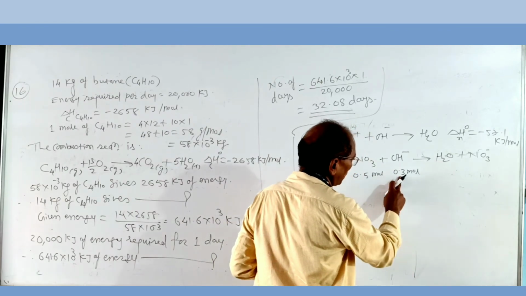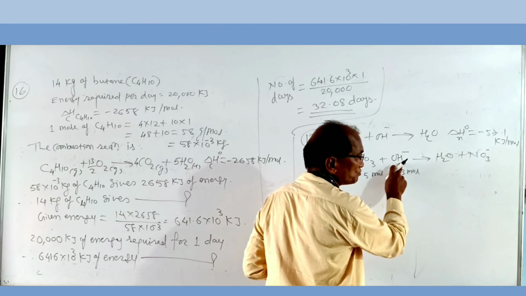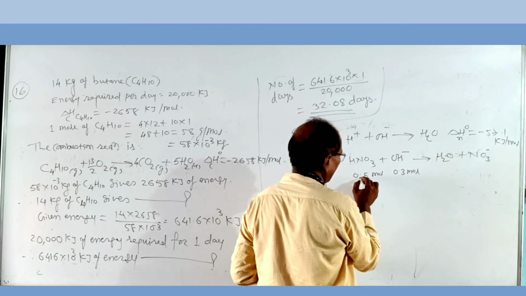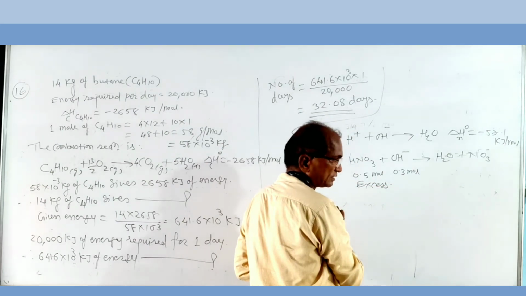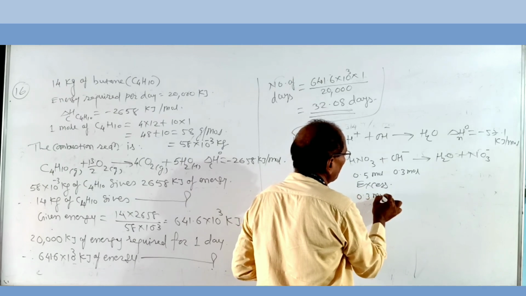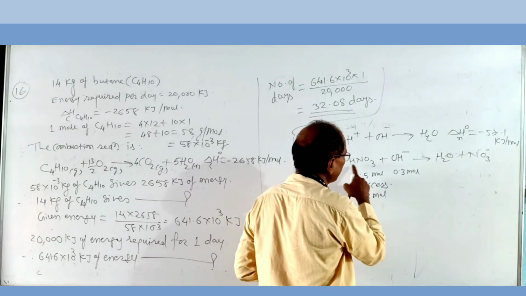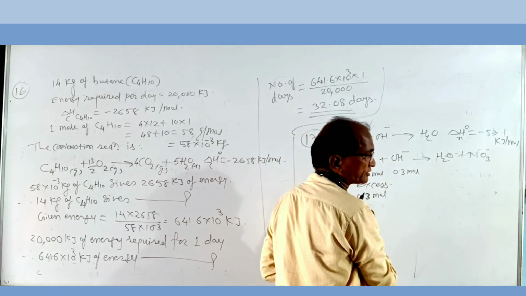Gram equivalent mole of acid is neutralized by gram equivalent mole of base. Here HNO3 is 0.5 mole, but only 0.3 mole of HNO3 is neutralized by 0.3 mole of OH minus.